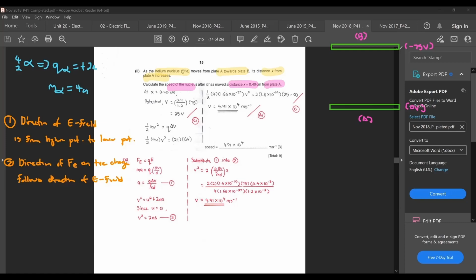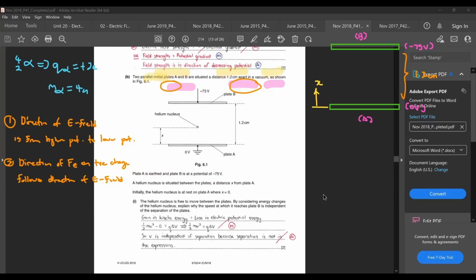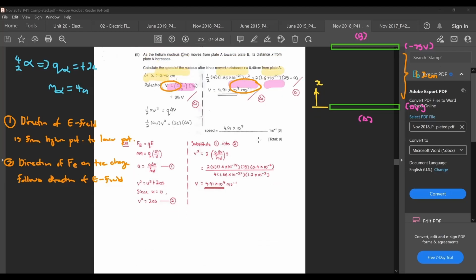And bearing in mind that your x is actually measured from plate A. Okay, so they say to you now that you need to find the speed of your alpha particle after a distance of 0.4 centimeter. Now, the full distance between your plate A and plate B is given inside the question as 1.2 centimeter.